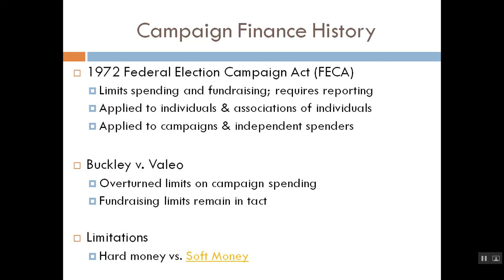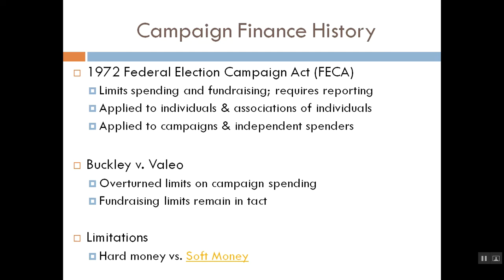And the amended version of the FECA is important because it creates the FEC. The FEC is the Federal Election Commission. And what I want you to know about the Federal Election Commission is that it remains to this very day the primary government agency responsible for monitoring campaign finances and enforcing campaign finance rules in our country.